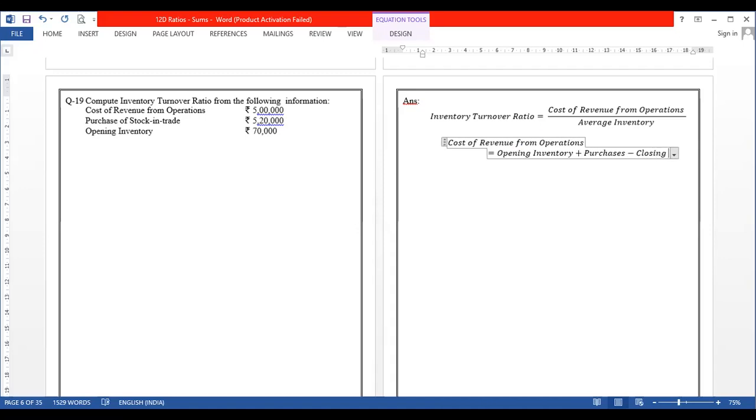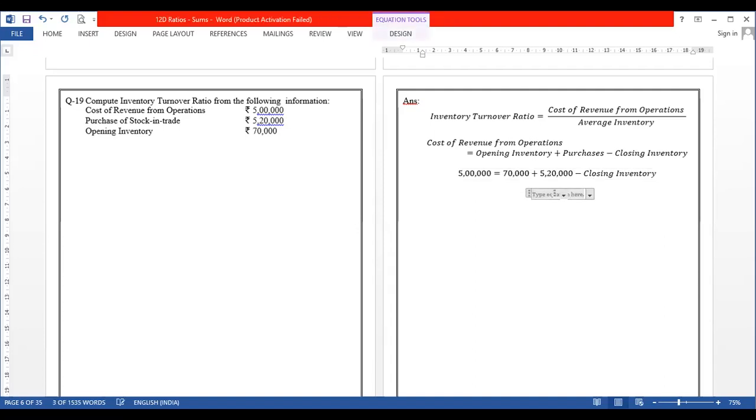Because purchase of stock in trade is there, I don't expect any direct expenses over here. Okay, fine. So if I just place the values over here, cost of revenue from operation given to me is 5 lakh. Okay, sorry. And opening inventory given to me is 70. Purchases given to me is 5 lakh 20. Okay, minus closing inventory. Okay, right.